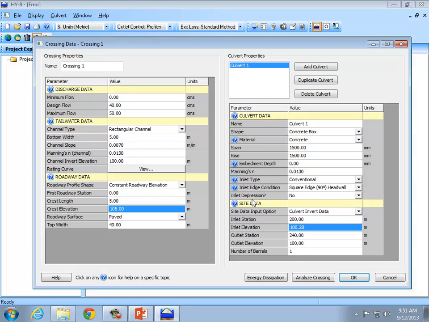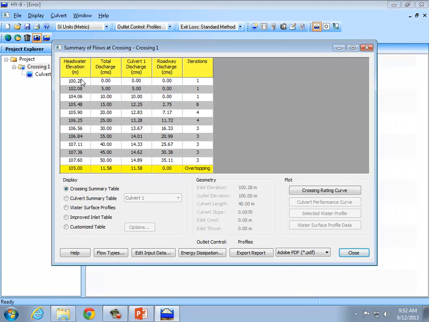Okay, so you're right. We're going to be trying to find flow versus something. We're trying to define the relationship of flow versus what? Headwater depth. Good.